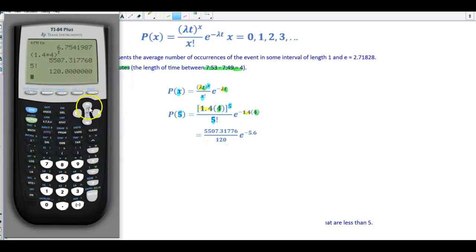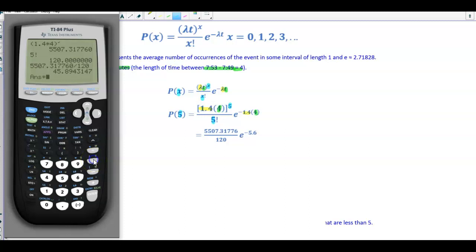So now we take the following value, which is the numerator, and divide that by 120, which is what we have in the denominator, and then we're going to multiply it by e to the power of negative 5.6.